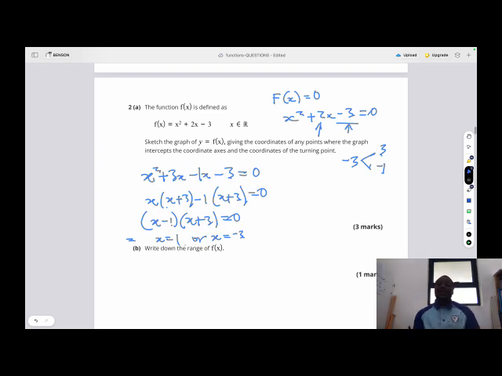So these are the two points, x equals 1 and negative 3, where the graph of this quadratic cuts the x-axis.